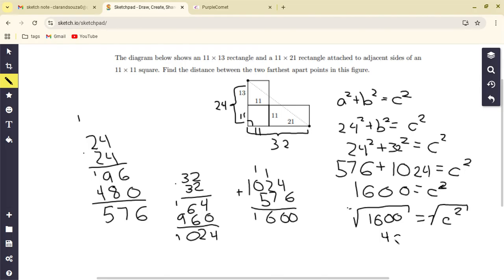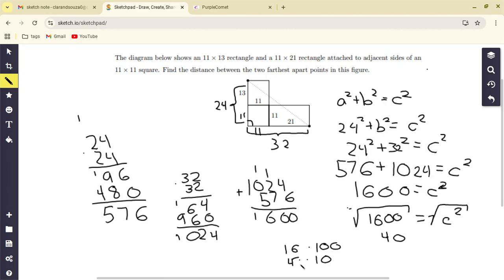If you have trouble understanding how I got there that quickly, you can see that there is 16. This is just 16 multiplied by 100. And if you take a square root of both of these, square root of 16 is 4, and square root of 100 is 10.